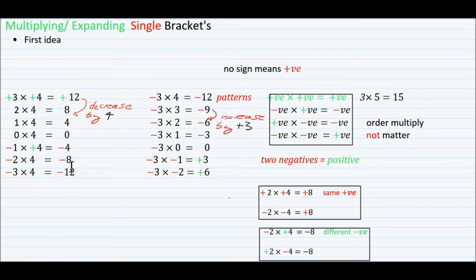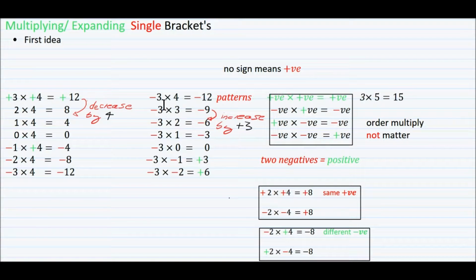So minus 8 take away 4 is minus 12. Okay, so we can see that we've got a negative number here and a positive number. A negative number and a positive number gives me a negative number. This negative 1 times a positive 4 gives me a negative 4.